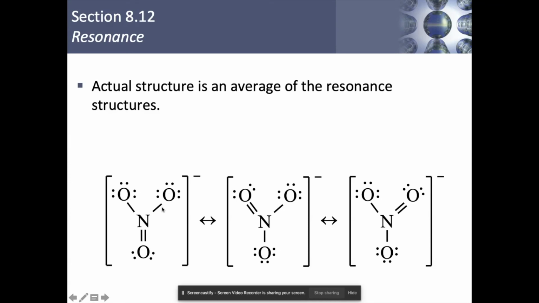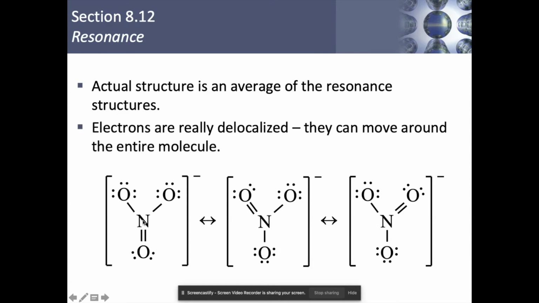But in reality, because the electrons are free to move around, it actually is... I was going to say equidistant. That's probably not a good word to use. But it is basically as if you averaged all three of these to measure what the bond length would be for an oxygen, which is kind of cool, I think.